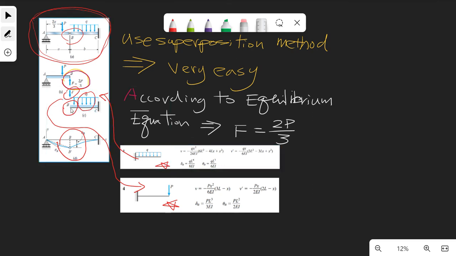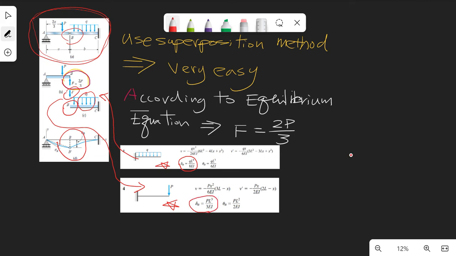This looks like a free end, so the value is here: delta B, the deflection at the free end, is this one. And for this one, the concentrated load, the deflection here is similar.